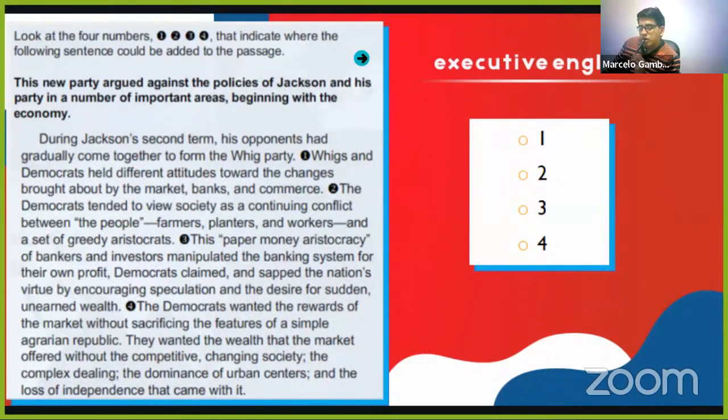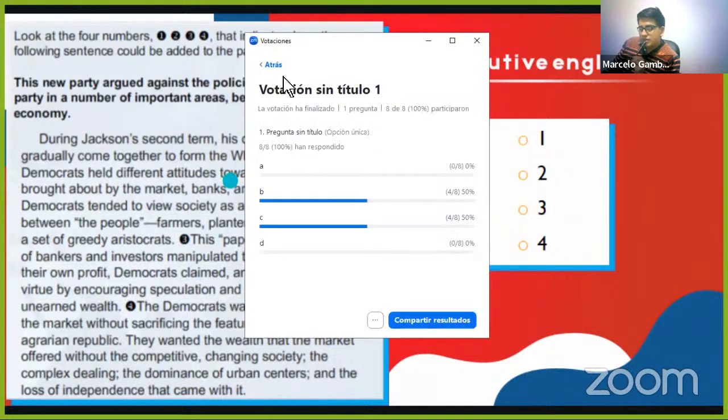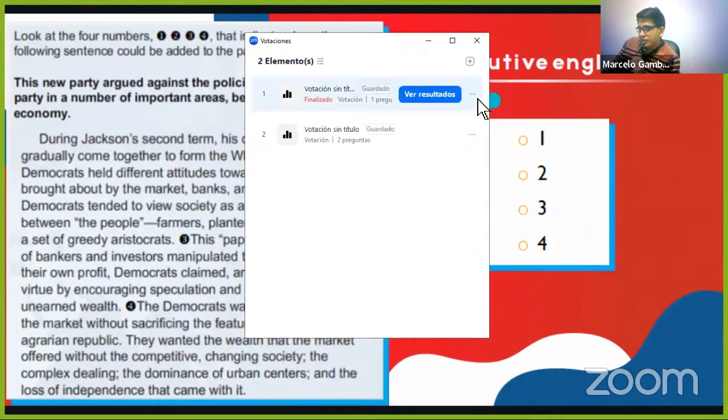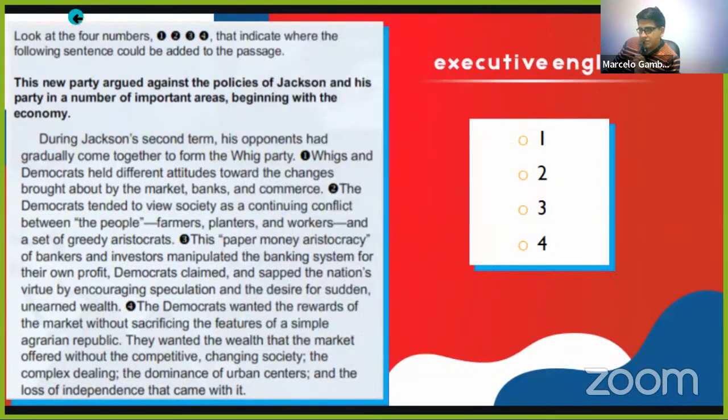Okay, so where can we fit this paragraph? Number 1, number 2, number 3. I'm going to reset the poll. I'm going to ask your opinion so that I can see where the class is. Please respond. Is it A, B, C, or D? Where can you fit that?